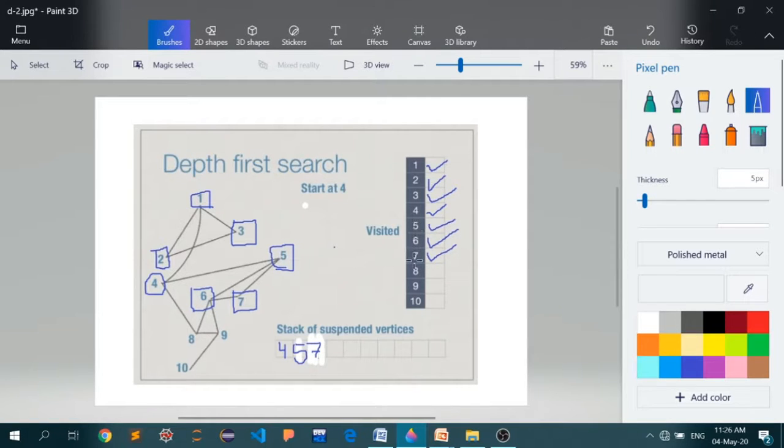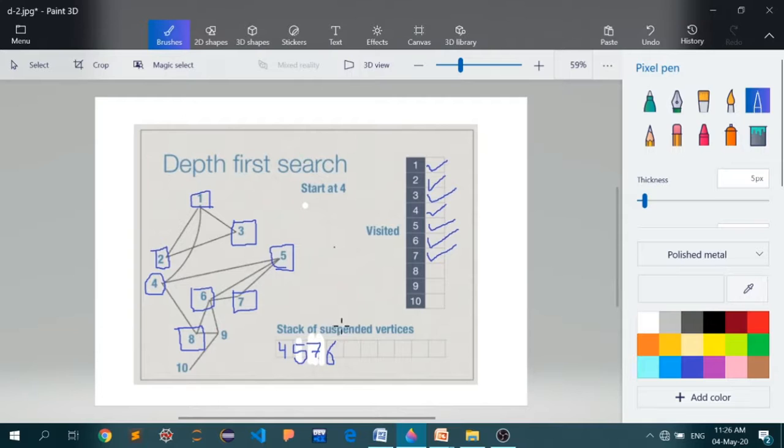Now 5 and 7 are already visited, so we have two options left, either node 8 or node 9. Let me pick node 8 for the time being. Now as I have picked node 8, I have to suspend the exploration of 6 for the time being, so I will put it on the stack. There you go, 6 is there.